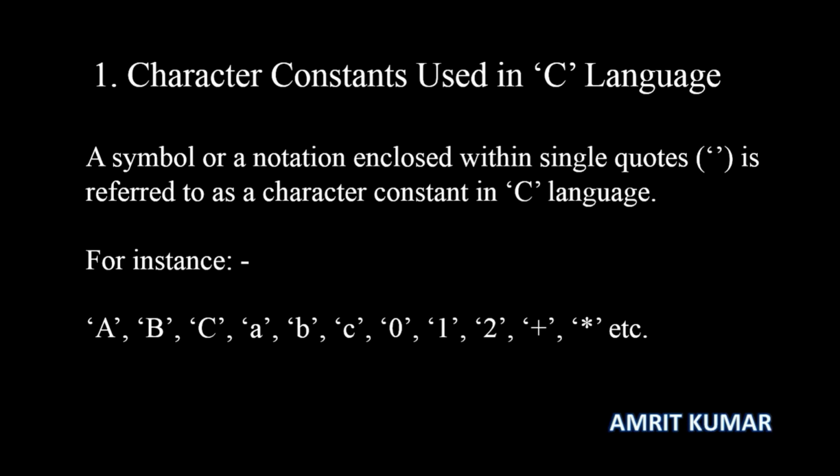For instance, you are seeing here a character A within the single quote, so it is a character constant. Again, B, C, small a, small b, small c, 0, 1, 2, plus, multiplication sign, that is asterisk, etc. These all are character constants. Why character constant?